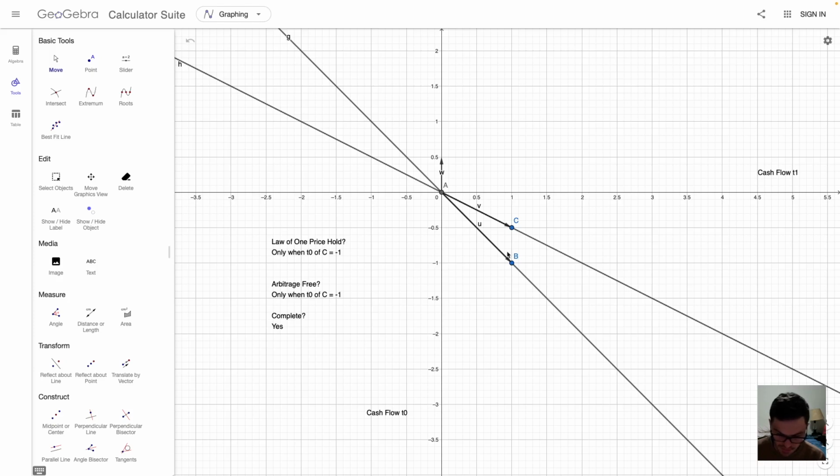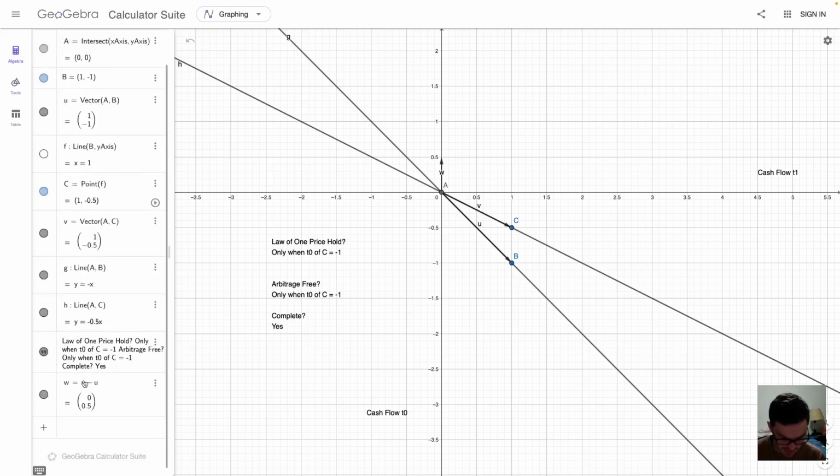And then you remember what we did is we said, okay, if we're going to get the same amount in the future, we're going to buy the cheaper one and sell the more expensive one. So we're going to buy V, the cheap one, and sell U, the expensive one. So V is positive, U is negative. And we're going to earn ourselves 50 cents today for free. So this is a situation in which the law of one price does not hold.